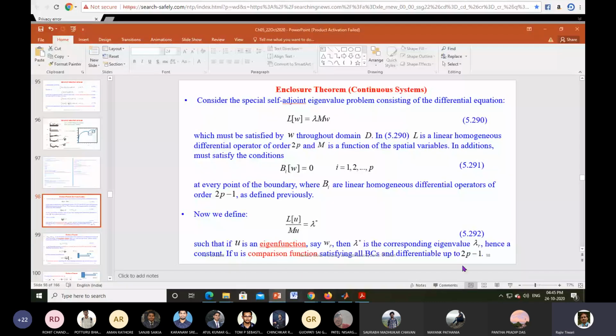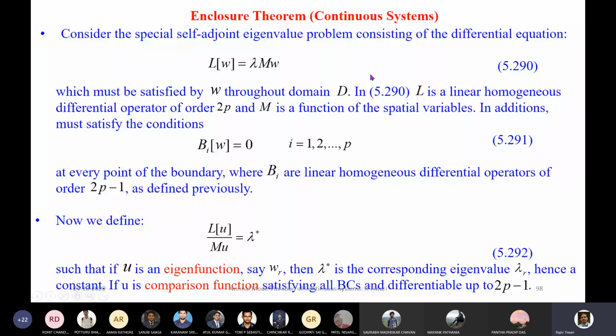Okay, so I'll take up this enclosure theorem, which we already studied in the case of discrete system. This is just an extension of whatever we studied. Now we are applying that enclosure theorem to the continuous system. Here it is very important because things are not simple.